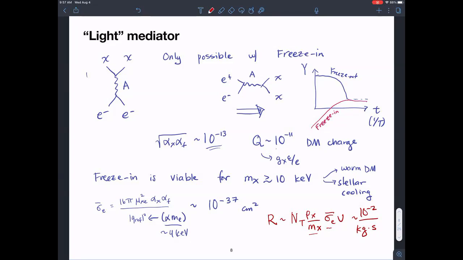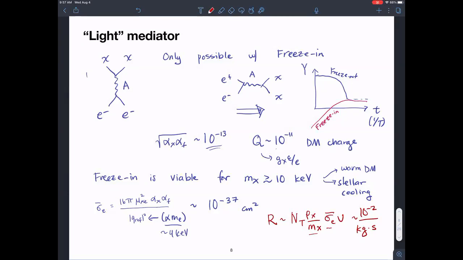So if you had a kilogram size detector, every minute you'd be seeing a dark matter event, as compared to the much more rare events Jodi's been talking about.